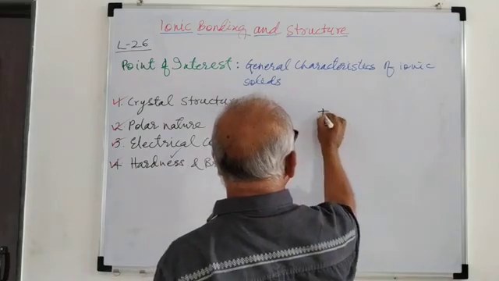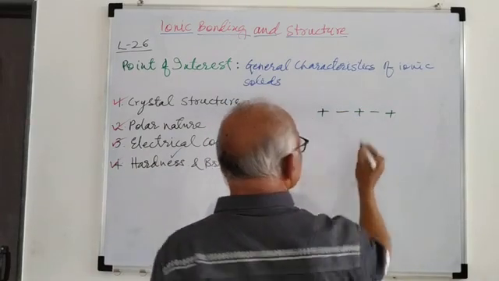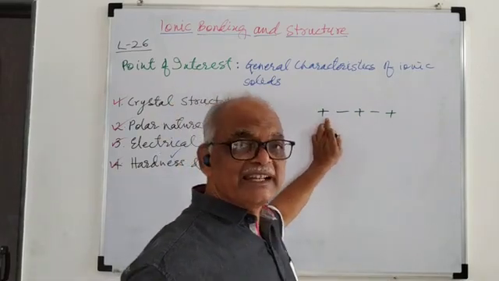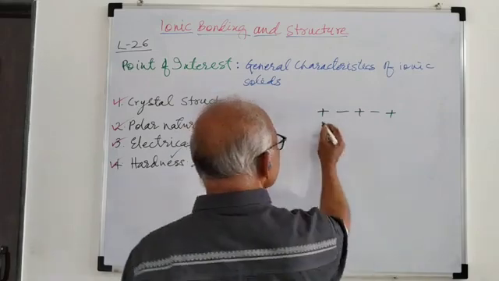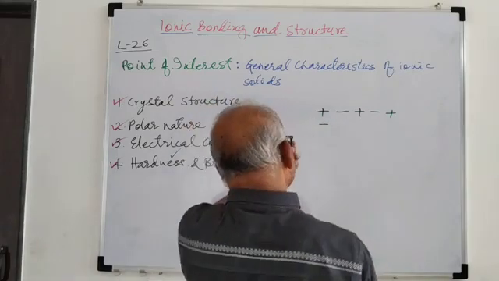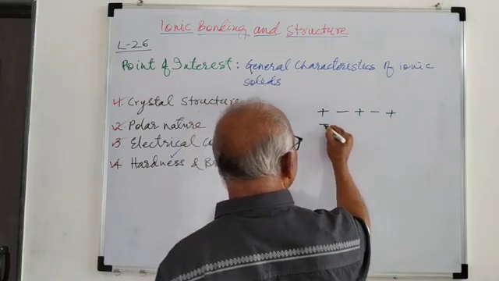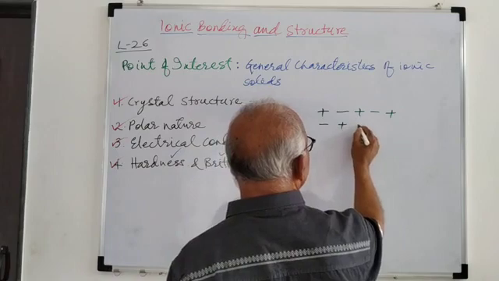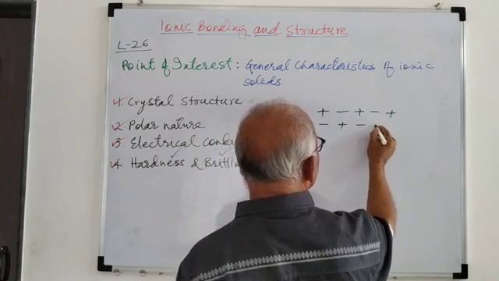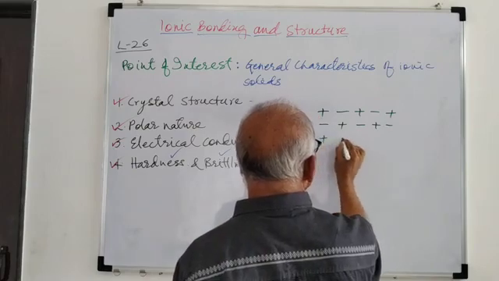If we say these are plus and minus ions in the lattice, so cations and anions like this. There is an alternating arrangement like this, meaning every cation is surrounded by negative charge. So a negative ion is in contact with a cation, and a positive ion is in contact with a negative ion, that is an anion. In this way the arrangement is repeated.